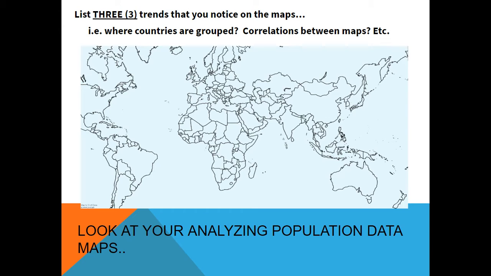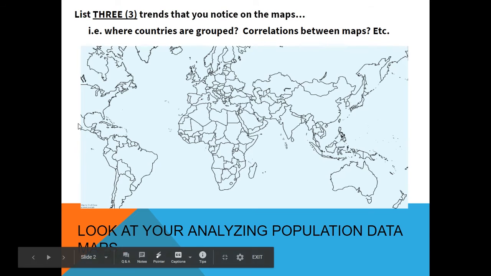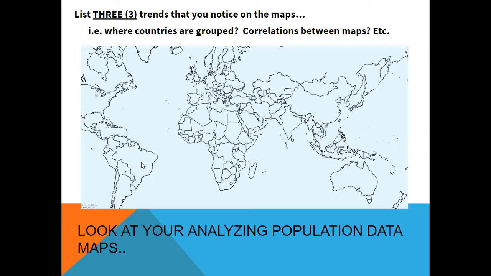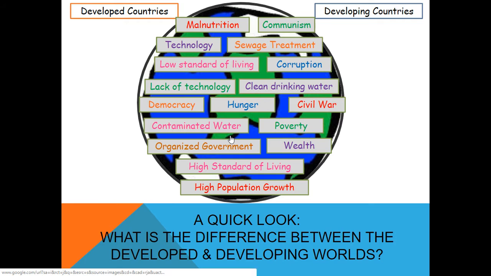We haven't got there yet. We used to do population first. We actually do it after this unit. But one of the things that we try and think about with this map is what makes a country like the United States far more competitive with banking and money than, say, a country in South America or in Africa. And what we look at is a difference between developed and developing worlds.